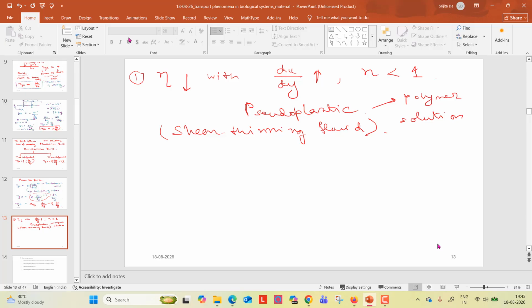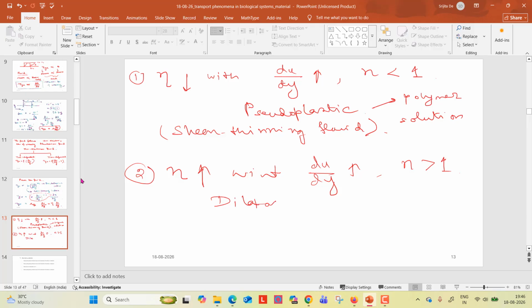The second one is when eta increases with velocity gradient and n becomes greater than 1. This is called dilatant fluid. The example is sand suspension, right?